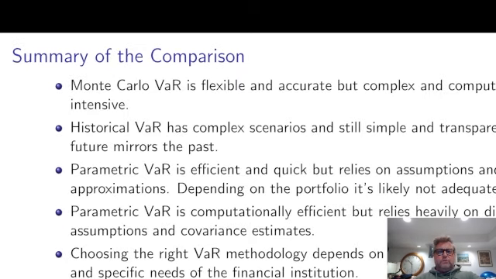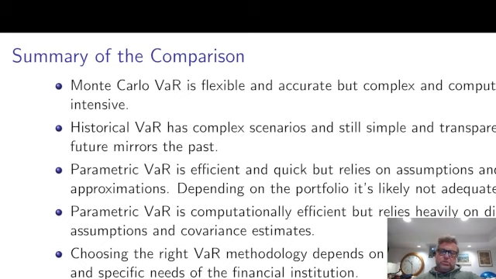So in terms of an entire summary, and this is mostly my personal view, Monte Carlo is very flexible, it's very accurate, but it's complex and computationally intensive. Historical VaR does have complex scenarios based on the history periods. It's simple and transparent, but it assumes that the future mirrors the past.